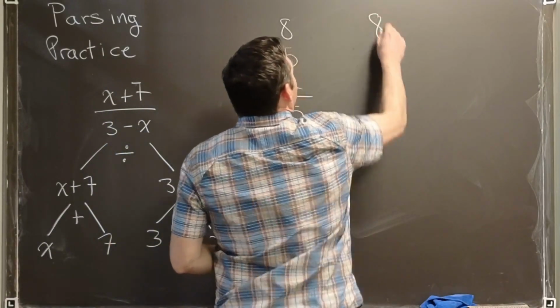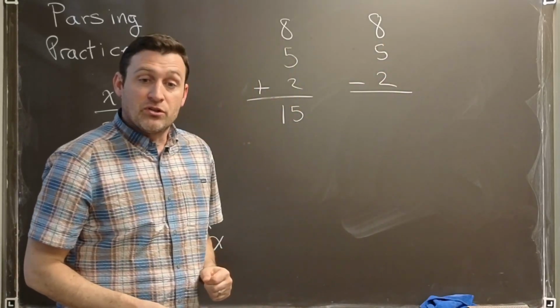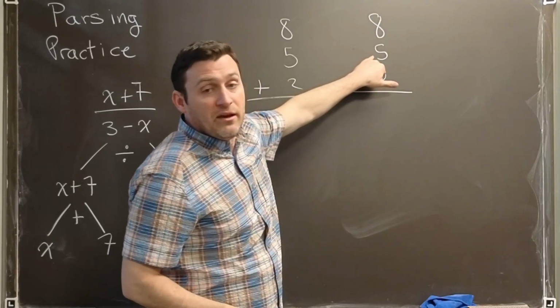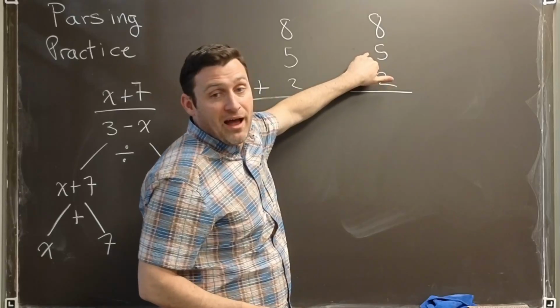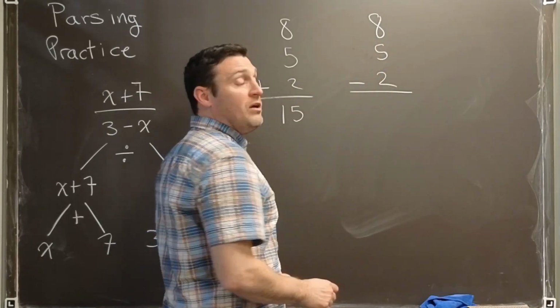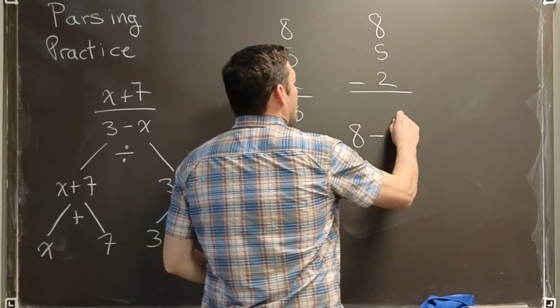Now let me try to do that same thing, but with subtraction. Here I run into trouble. If I do 8 minus 2, I end up with 6. And then I don't know whether I'm adding or subtracting that from 5. And if I do 8 minus 5, am I then subtracting the 2 from 5 or the 2 from the 8 minus 5? To show you that these are different answers, let's write it another way.